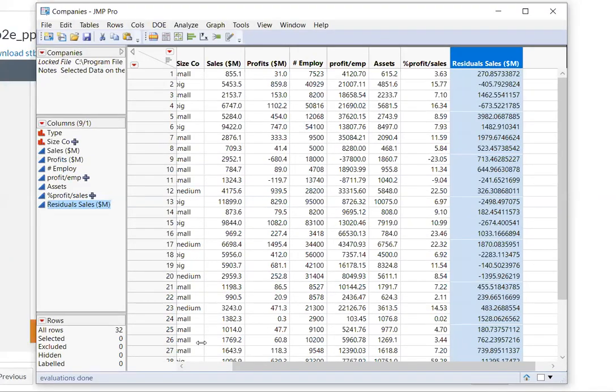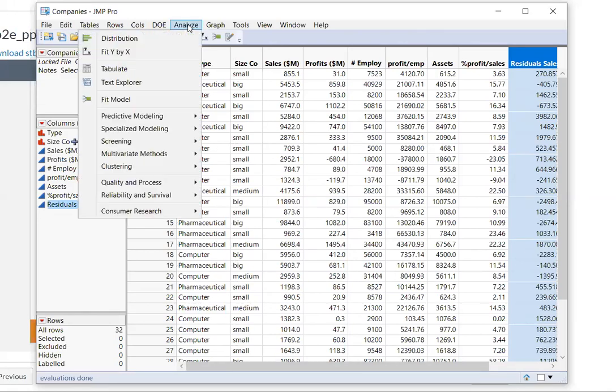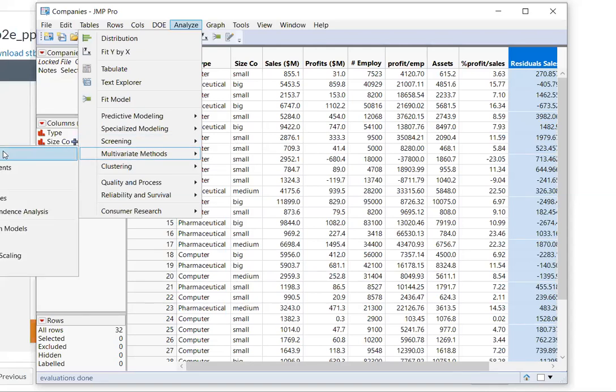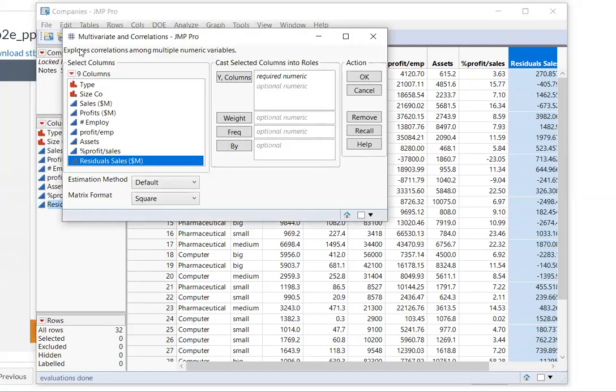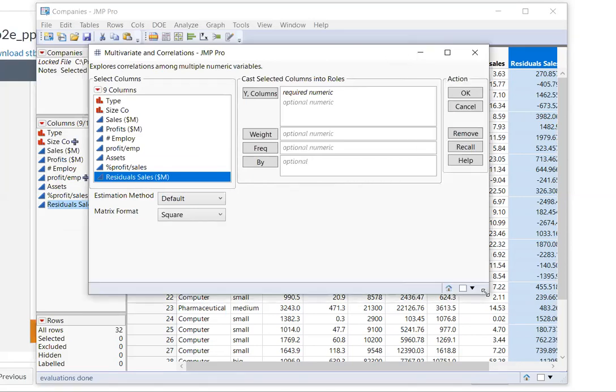So to check outliers, we go to Analyze, Multivariate Methods, Multivariate. Another thing I have to add about residuals is that we remove outliers normally when we have a big set of data.